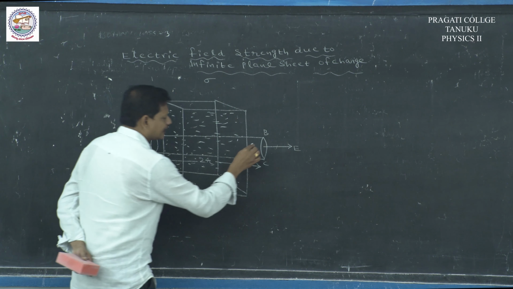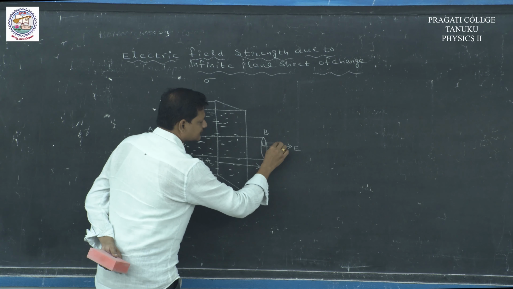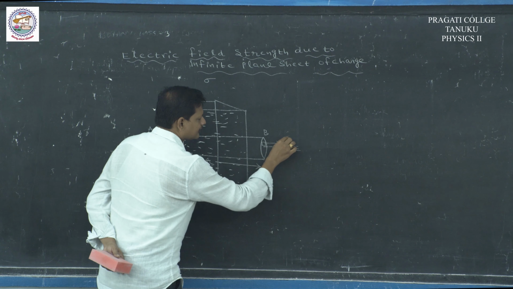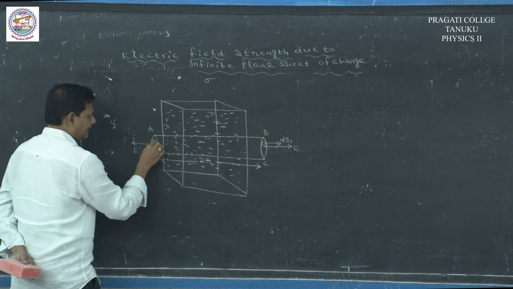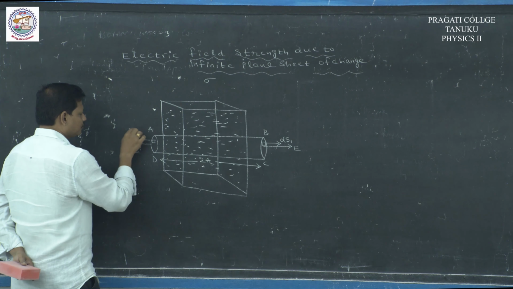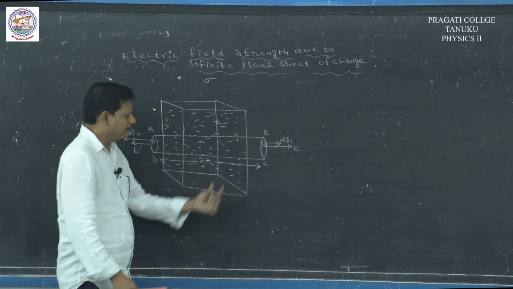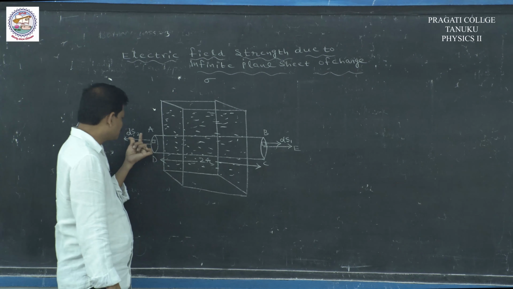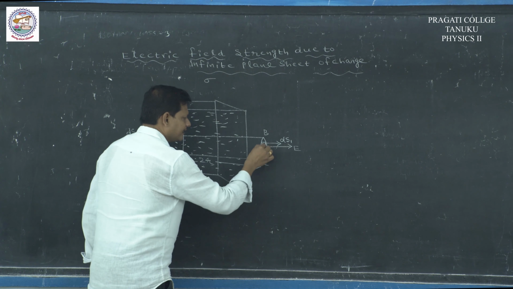Let us consider elemental areas, say ds1 and ds2, on the flat surfaces, where ds1 and ds2 are parallel to the electric field.